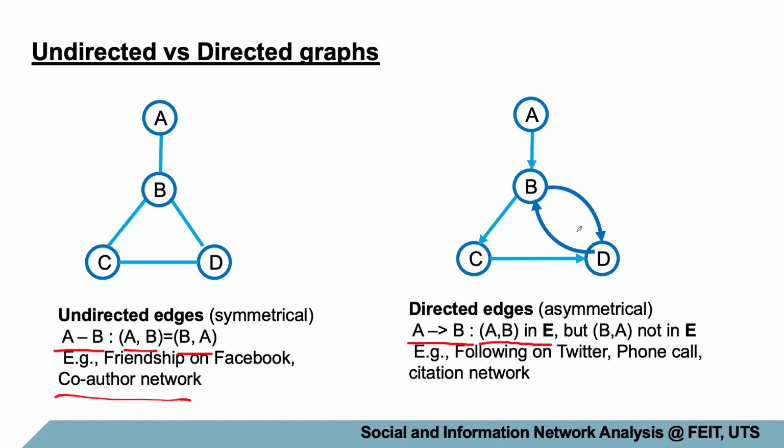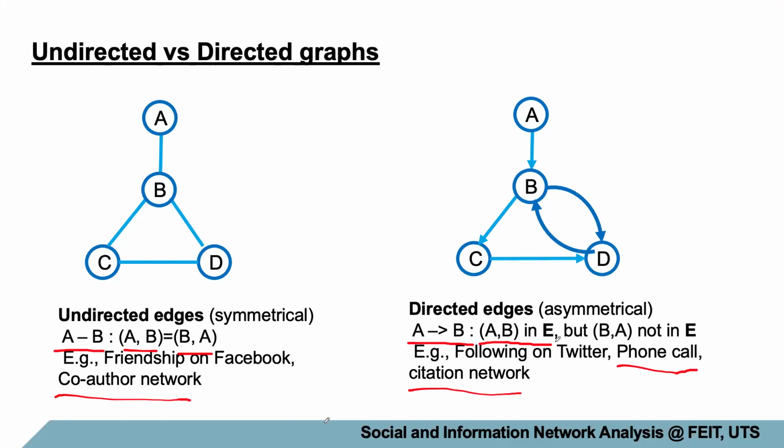Especially for celebrity accounts, many people follow them, but they may not follow you back. Also in a phone call network, there is a direction: someone starts a phone call, someone receives it. And in a citation network, a paper cites another paper as a reference, which has a direction.